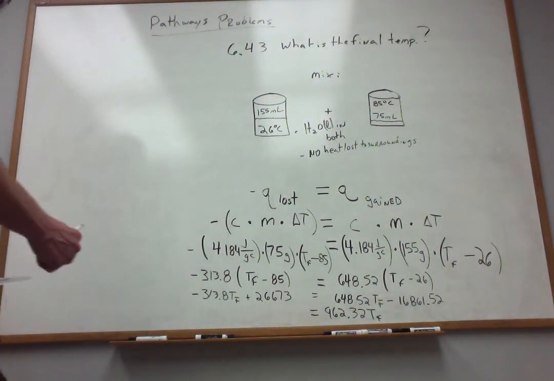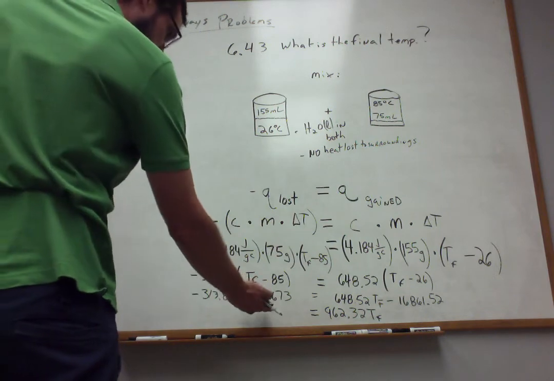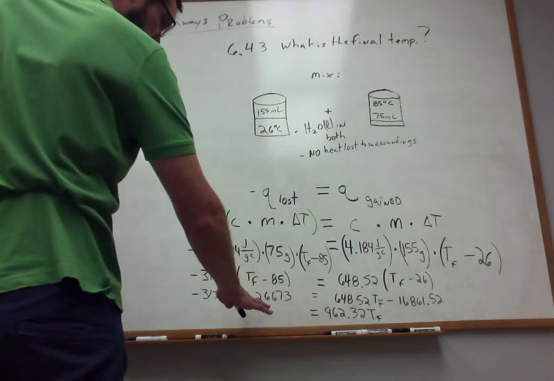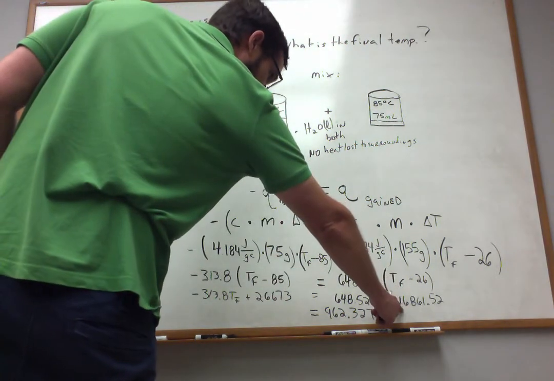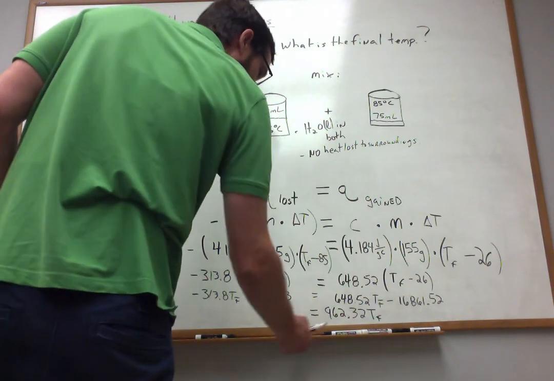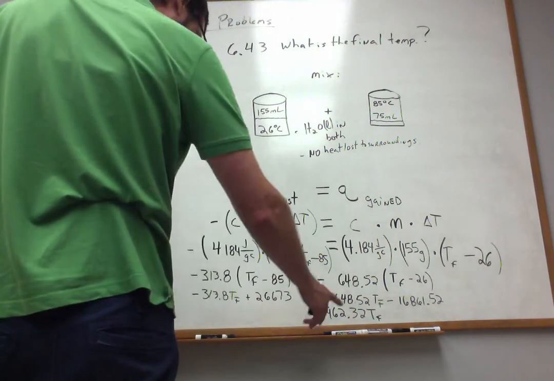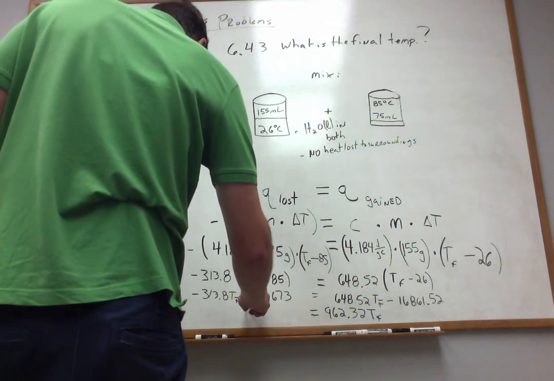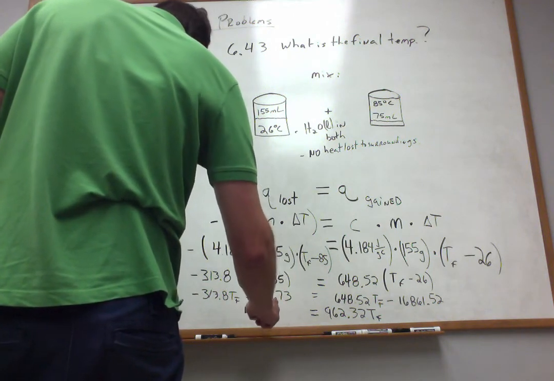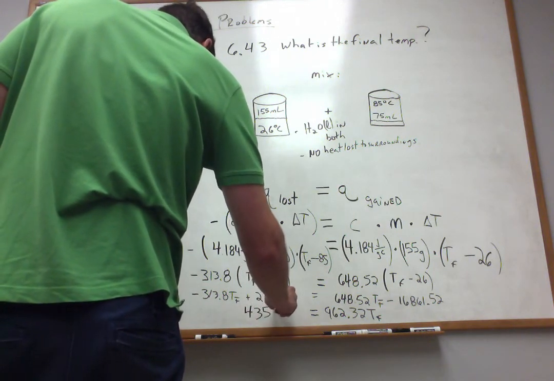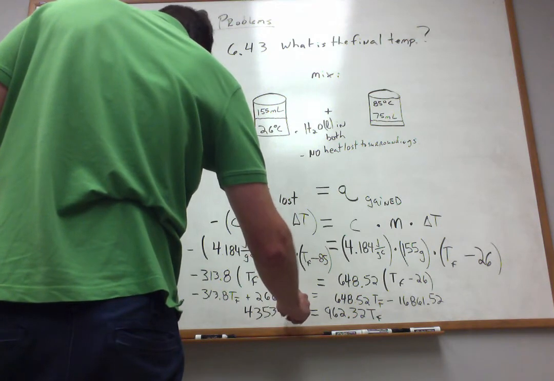That's our unknown variable. And likewise, I'm going to keep this 26,673 right where it's at. But this one, which is just a number, I'm going to move over here, combine it with this number, flipping the sign in the process. That results in 43,534.52.